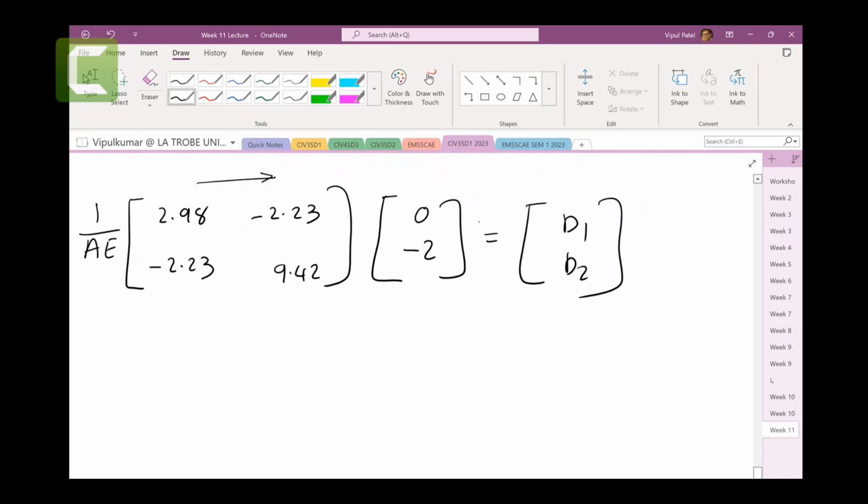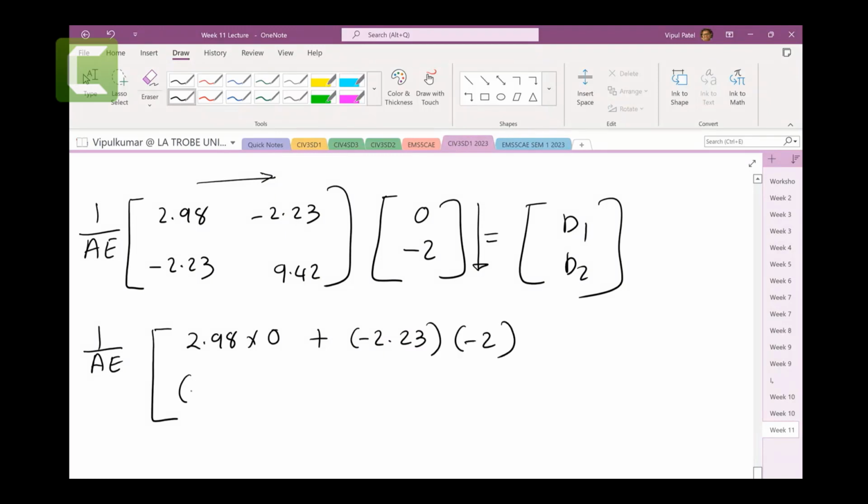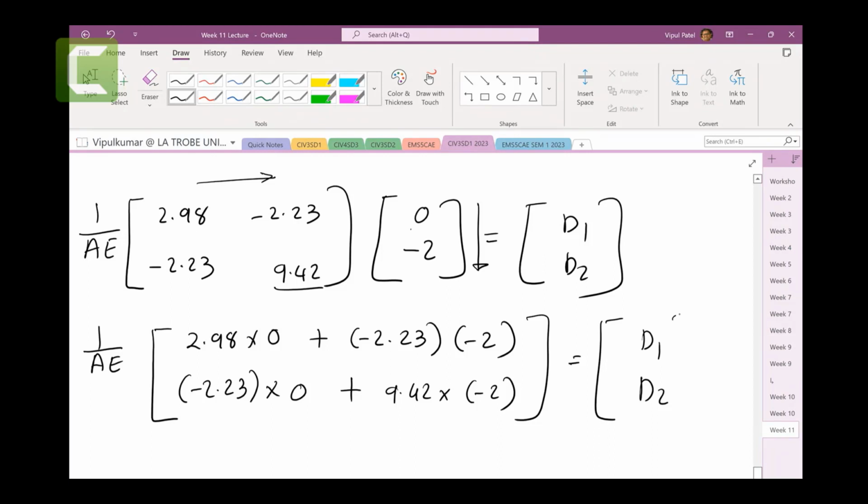So for the multiplication of the matrix: 2.98 times 0 plus minus 2.23 times minus 2, this row times the column, and minus 2.23 times 0 plus 9.42 times minus 2 is equal to D1 and D2.